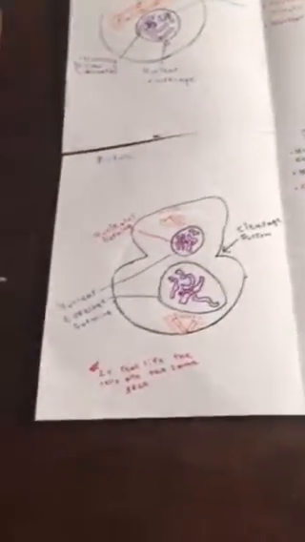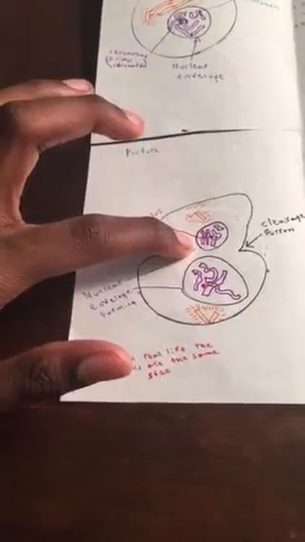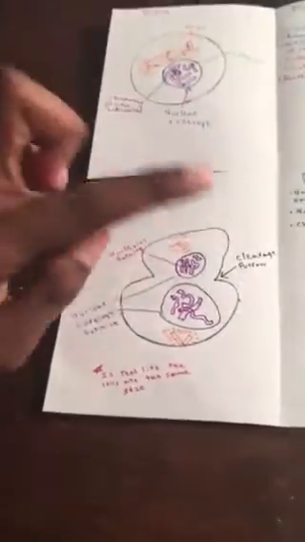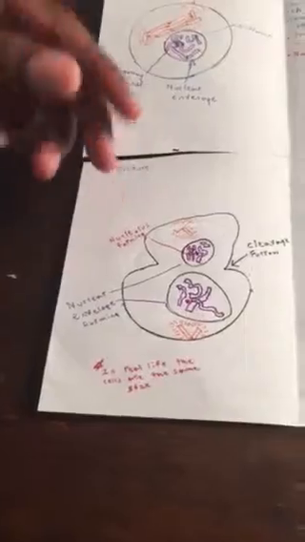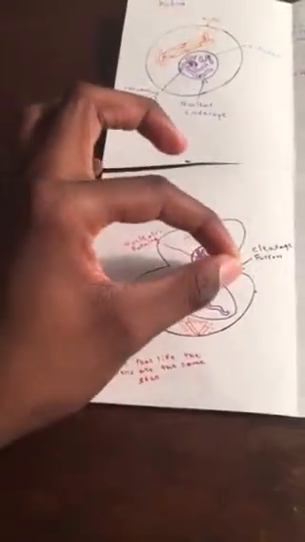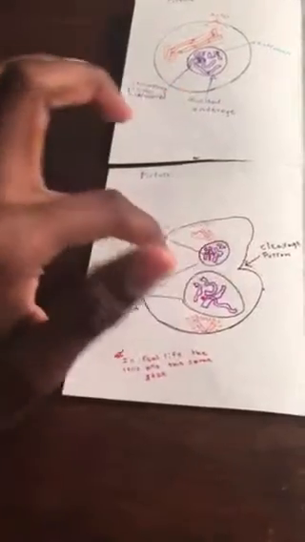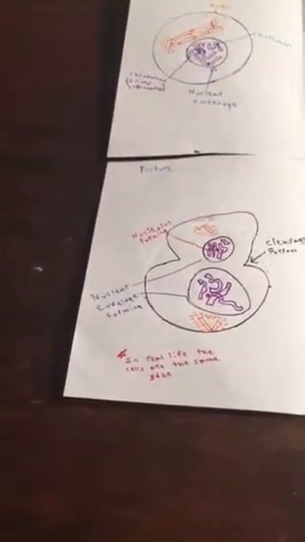In telophase, the nucleus and nuclear envelope begin to develop again, and the cleavage furrow, which really just means that the cell is beginning to divide. You can see there is a little indent on the sides because the cell's pulling apart to form two new cells.